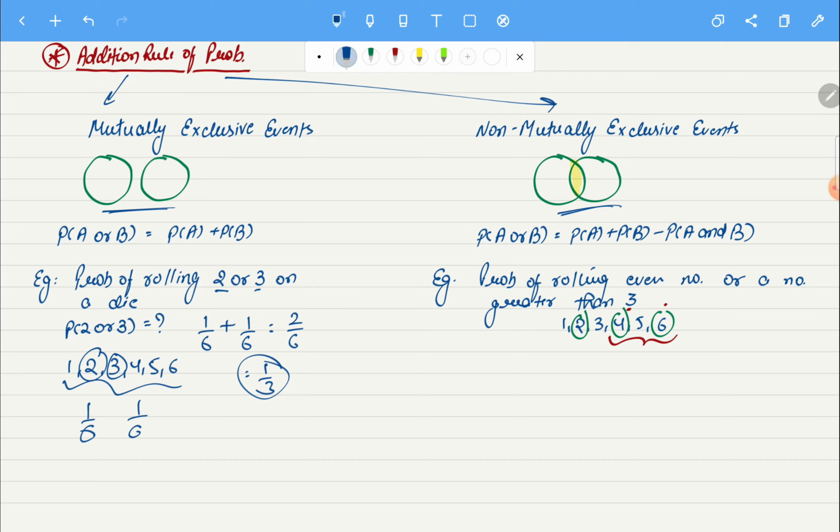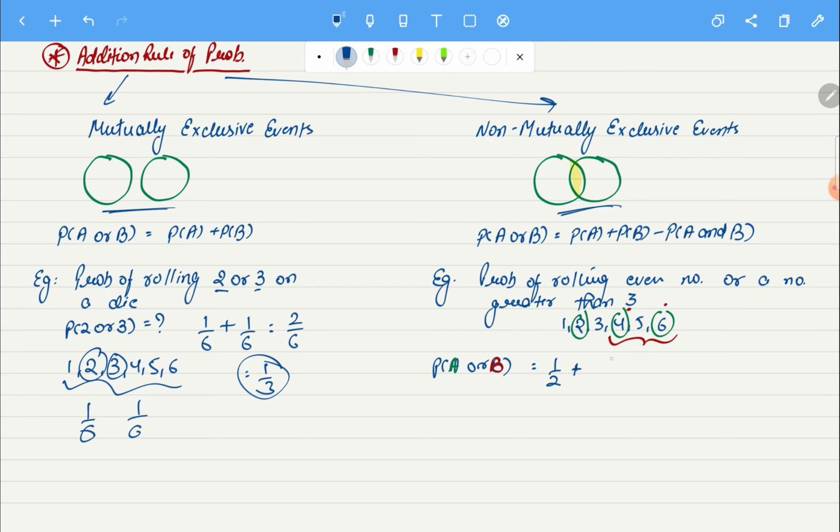So now how will we do that? So we will do probability of A or B. Let's say A will be green color and B is red color. So probability of getting an even number will be 1 by 2, because we have 3 even numbers and we have a total of 6. That is going to give us 1 by 2.